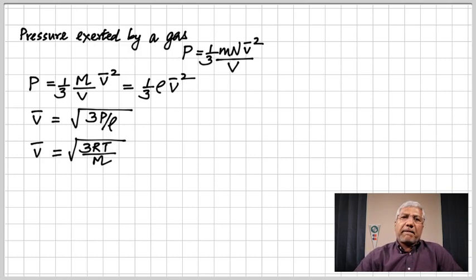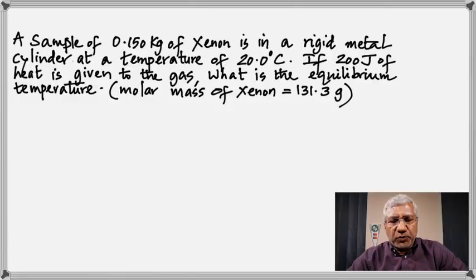460 meter per second. Here is one question. A sample of 0.150 kilogram of xenon is in a rigid metal cylinder at a temperature of 20 degrees Celsius. Notice, rigid metal cylinder. That means the volume is constant. If 200 joules of heat is given to the gas, what is the equilibrium temperature? In short, what is its temperature?